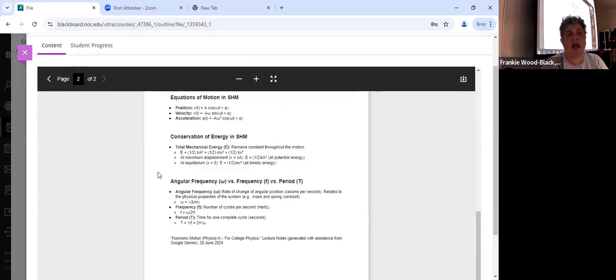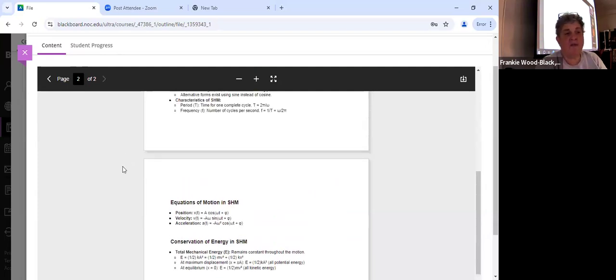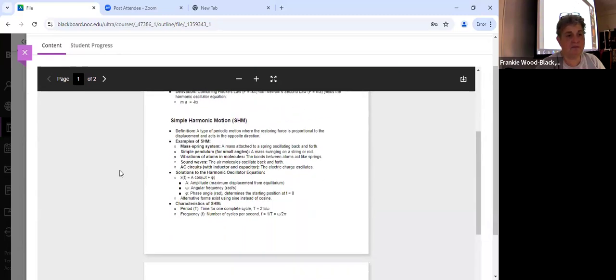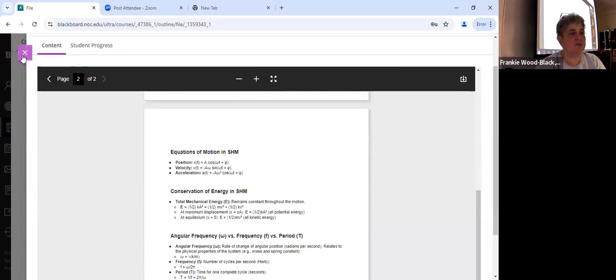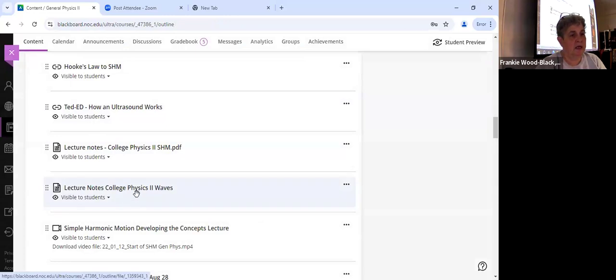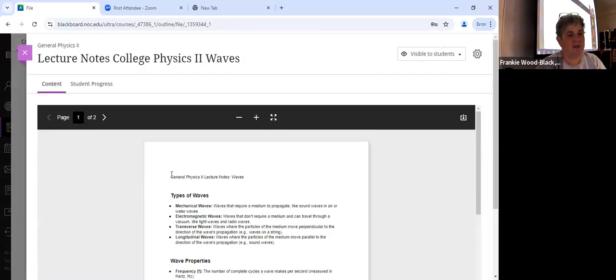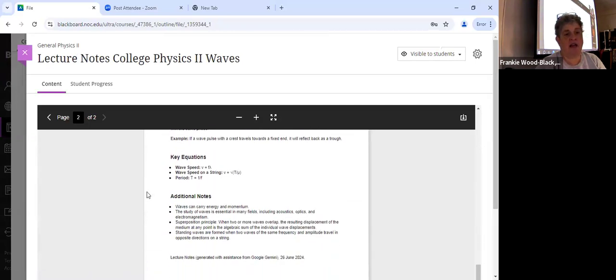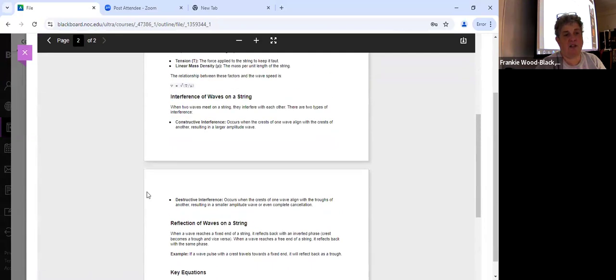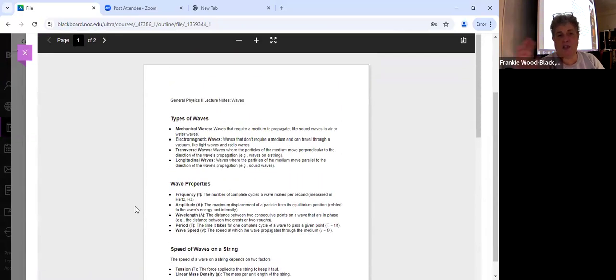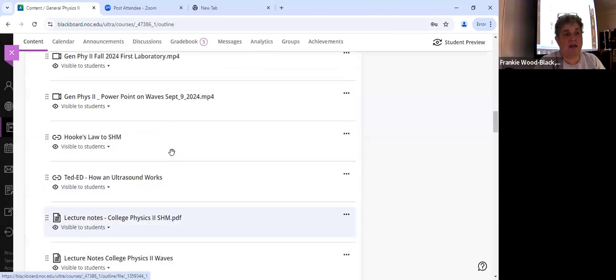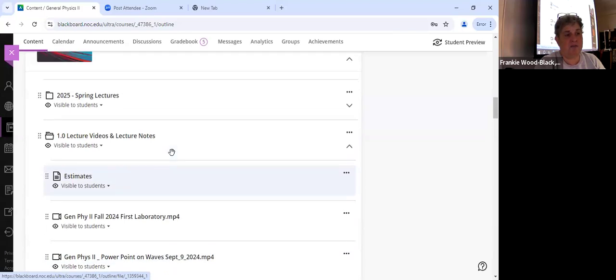So you actually have a set of notes for this. I think I've got another set of notes in here. Yep. This also looks at it when we've got things with tension in the string. So as we get to this going forward, you've got another set of notes.